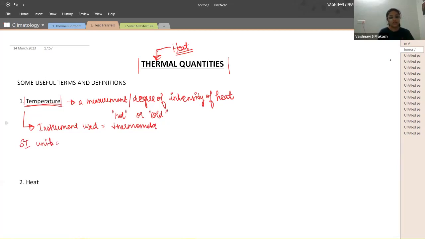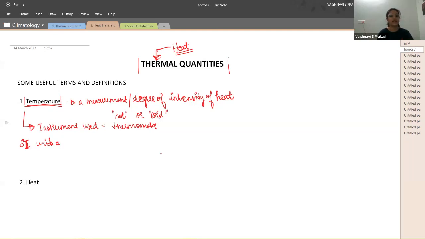Anyone knows the SI unit? Which is a standard metric system that we follow while doing any kind of calculations in physics. Take a guess.